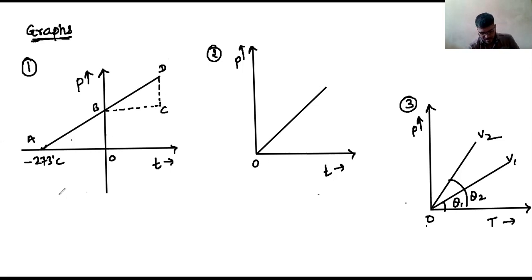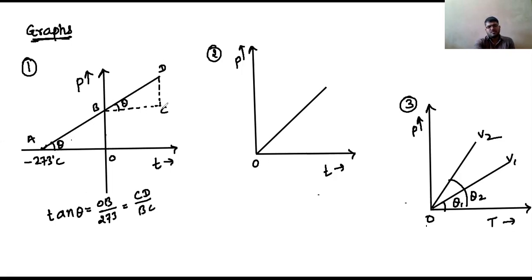And for this, directly I am writing only one formula. This is also theta only. As this is theta, this is also theta. So tan theta is equal to OB by 273 is equal to CD by BC. Right? See in this triangle, tan theta is what? OB by this, opposite by adjacent.